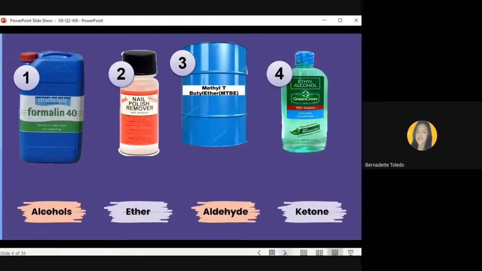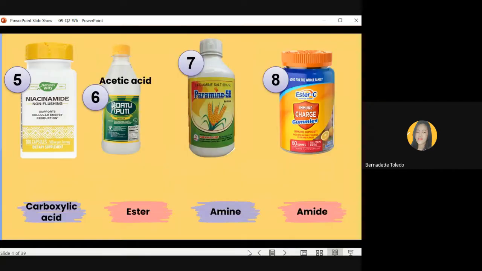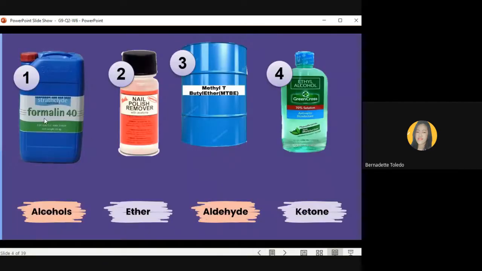Now I have here some compounds or some products that have a presence of the following functional groups. To identify which functional group is present in each product, here are the answers. For number one, the formaldehyde or the formalin, it is an example of aldehyde.